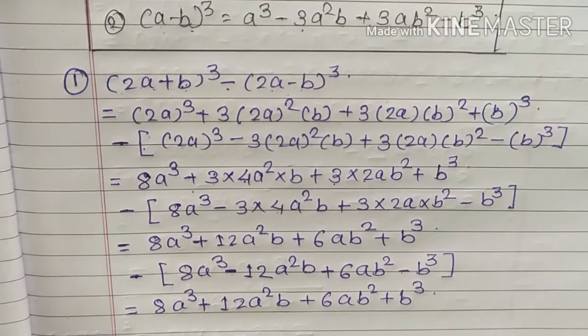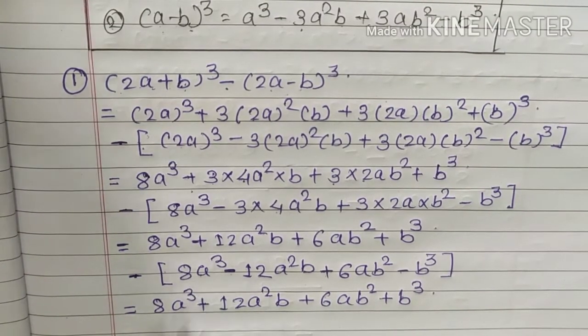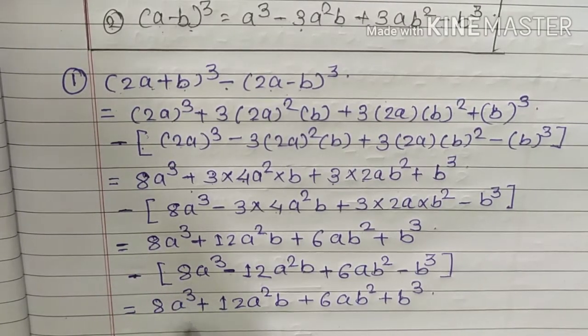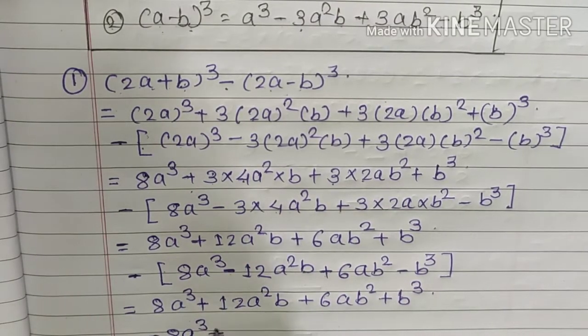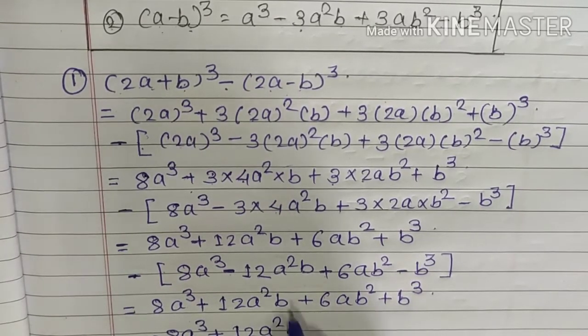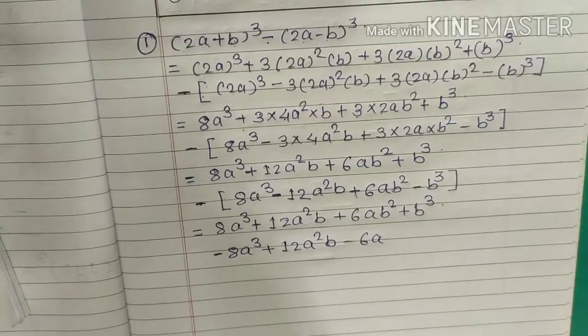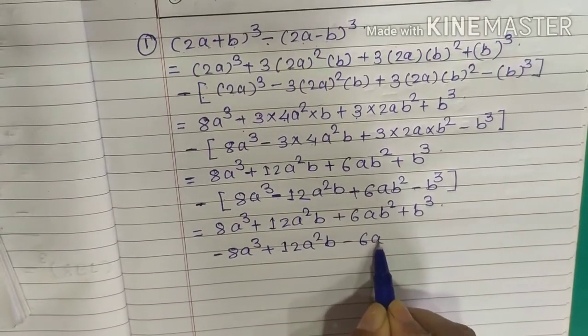Here, plus 8a cube becomes minus 8a cube. This minus becomes plus 12a square b. This plus becomes minus 6ab square.